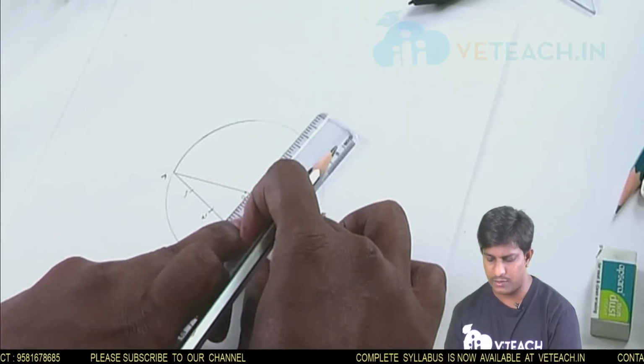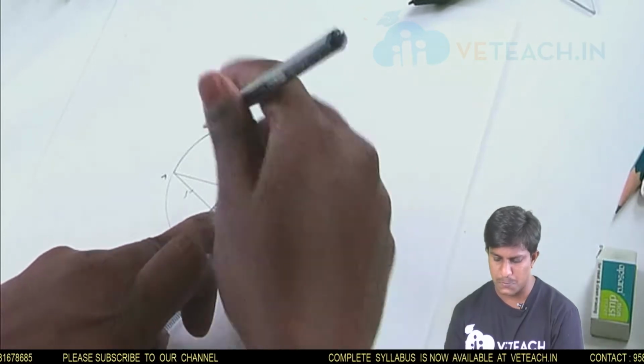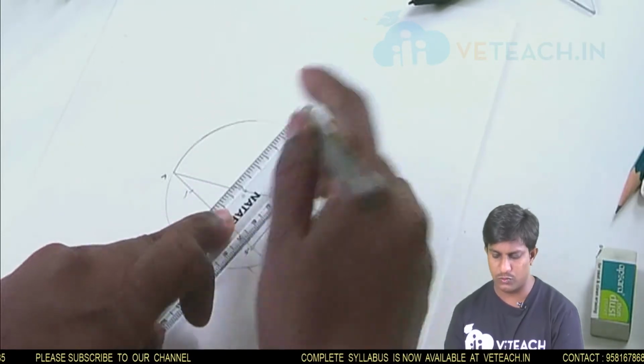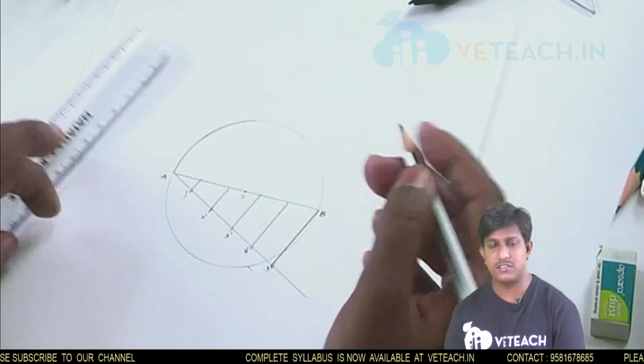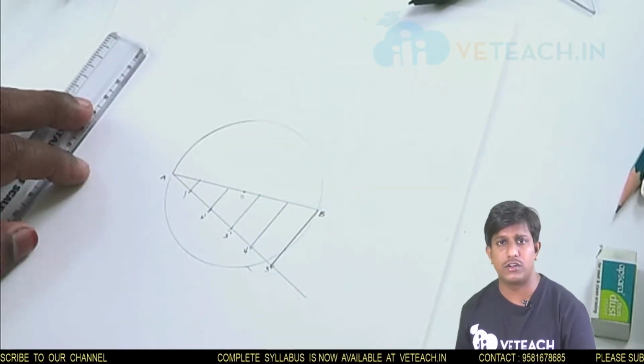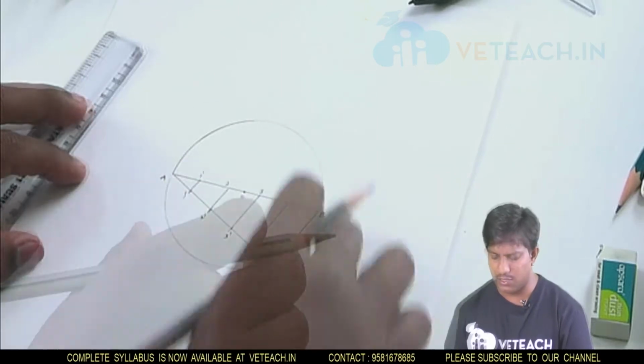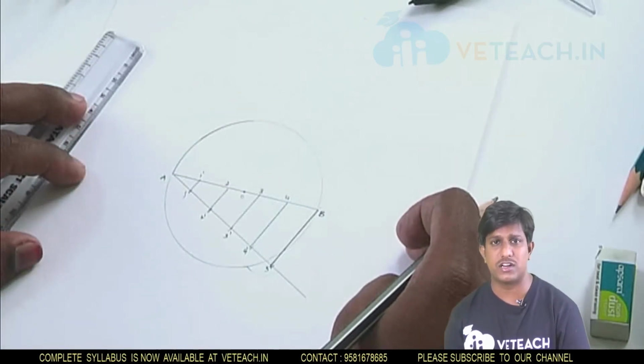Then again move the line on to 2 from 1. This is the concept of dividing a line into equal parts. Here the divide a line into equal parts procedure is also completed.